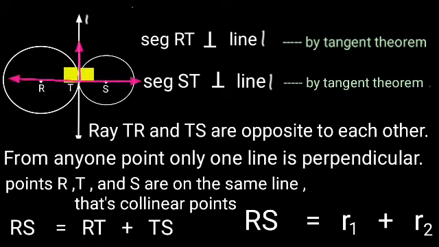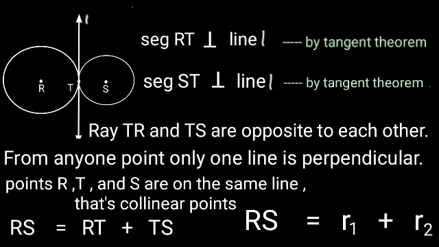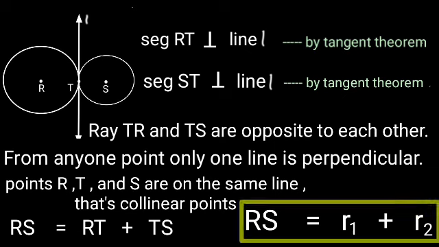Hence we can say that rays TR and TS are opposite to each other at point T. Hence points R, T and S are collinear. RS is equal to RT plus ST, that is RS is equal to R1 plus R2.